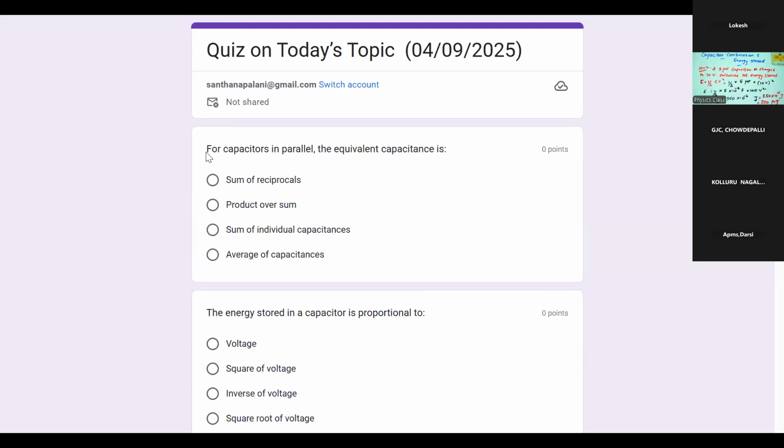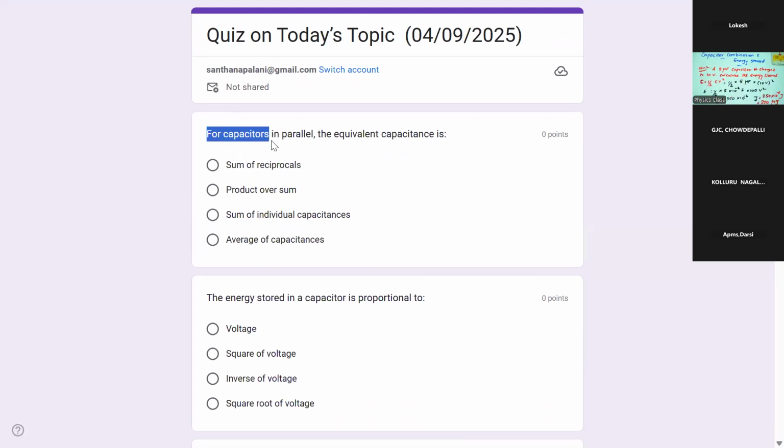First question: for capacitors in parallel, the equivalent capacitance is, which one is correct? Sum of the reciprocals, product over sum, or sum of the individual capacitances, or average of capacitances. Already I told you, in a parallel connection, capacitors are connected at the same point, across each point.